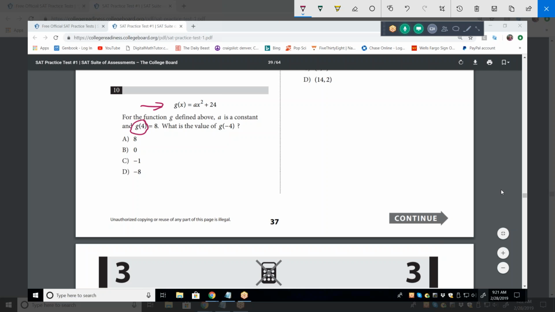What does G of 4 mean? When x is 4. In other words, what you do is you take whatever's in the parentheses and substitute it for x. So G of 4, let's do that. What do we get? Up here. Substitute it.